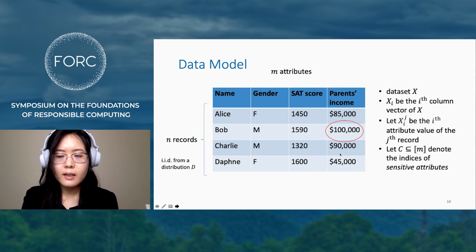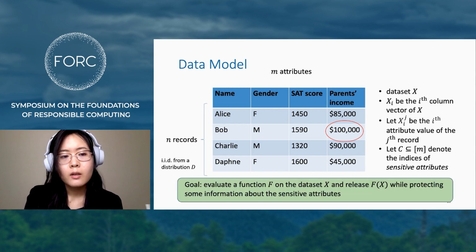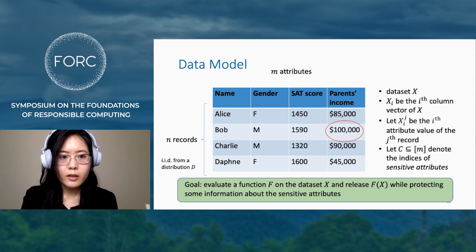C denotes the indices of sensitive attributes that require privacy protection. The goal is to evaluate a function f on the dataset X and release f(X) while protecting some information about the sensitive attributes.